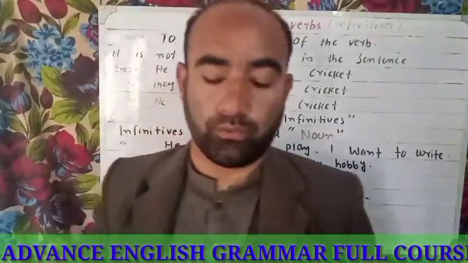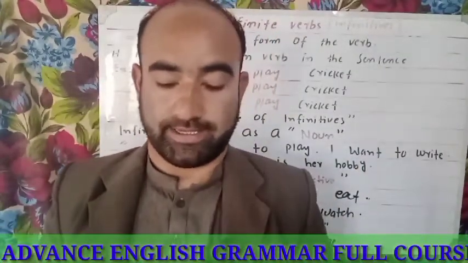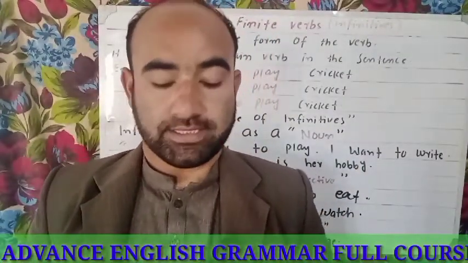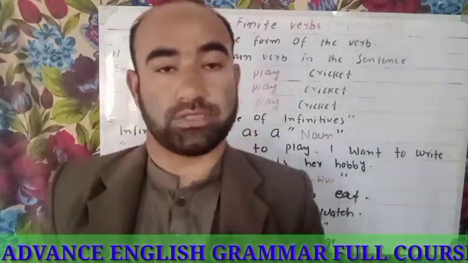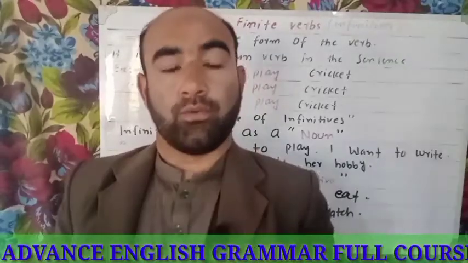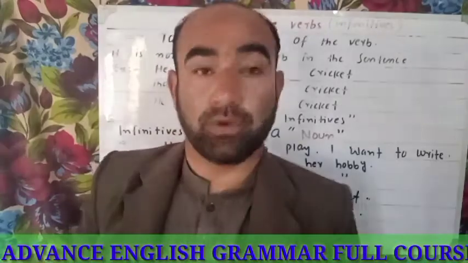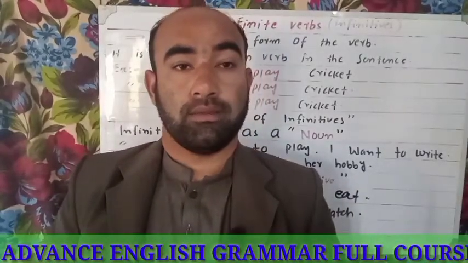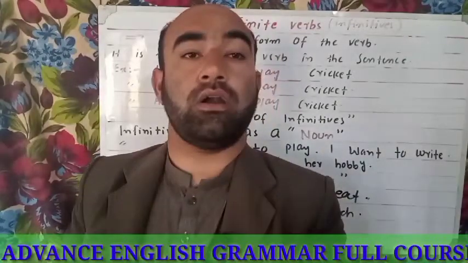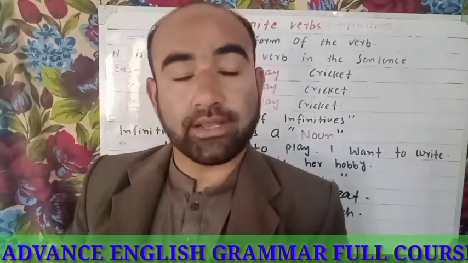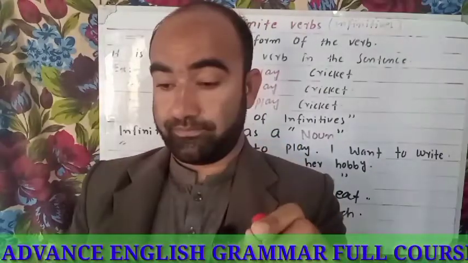Now let me tell you one thing here. There is no space available, so I will tell you these things orally. First, the bare infinitives. These are also types of infinitives. When to is not used with the base form of the verb, basically the to is hidden in the sentence. That will be called the zero infinitive or the bare infinitive.